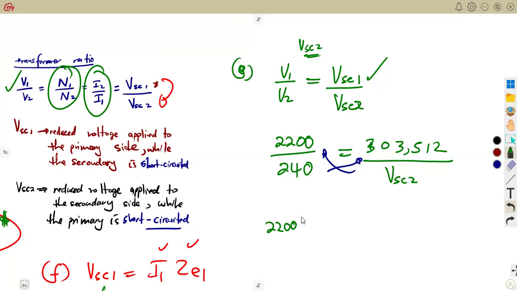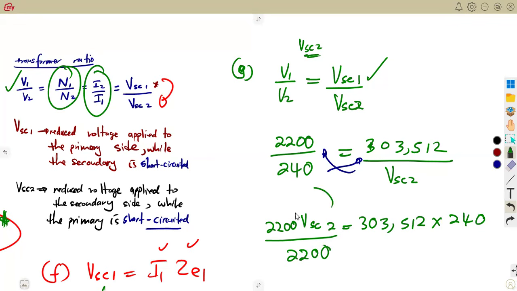2,200 multiplies our V short circuit of the secondary. The 240 multiplies this, so it is going to be 303,512 times 240, divided by what? By 2,200, because we need the short circuit voltage. This is the part that we are looking for, as we had previously.